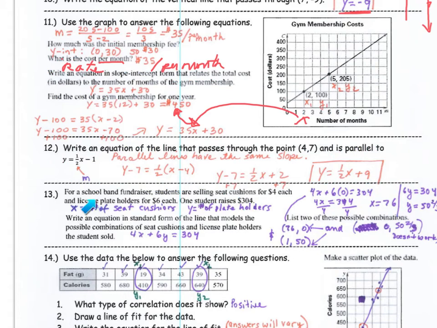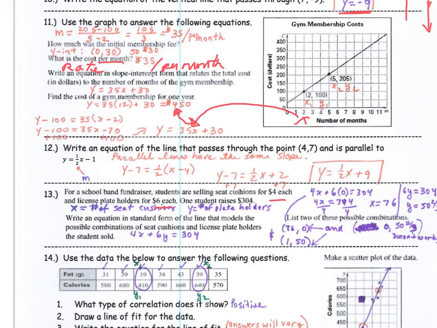All right, number 13. For a school band fundraiser, students are selling seat cushions for $4 each and license plate holders for $6 each. Right away, you are going to notice that this is a rate and this is a rate. We have two rates in this problem, so we are not going to be using those as the slope because there's two of them.